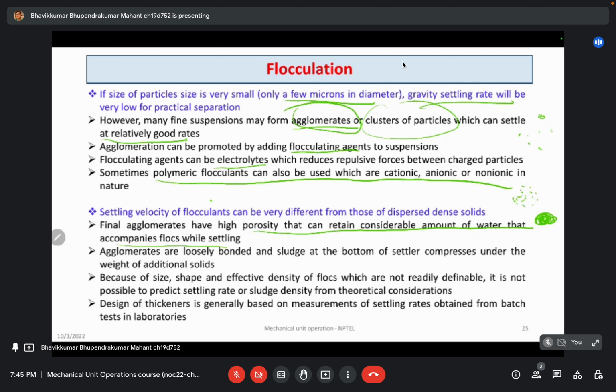Agglomerates are loosely bonded, and sludge at the bottom of the settler compresses under the weight of the additional solid. Because the size, shape and effective density of flocs are not readily definable, it is not possible to predict settling rate or sludge density from theoretical consideration. Design of a thickener is generally based on measurements of settling rates obtained from batch tests in laboratories. So these are the ways we can design thickeners for flocculation operation.